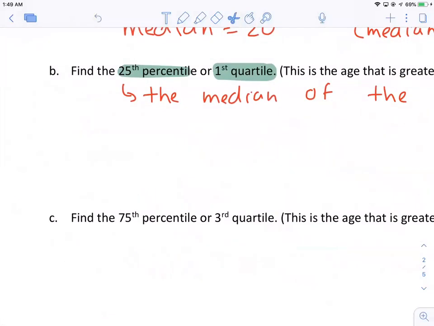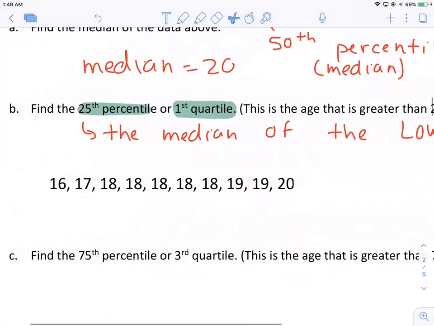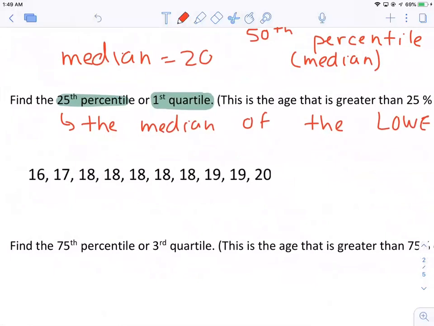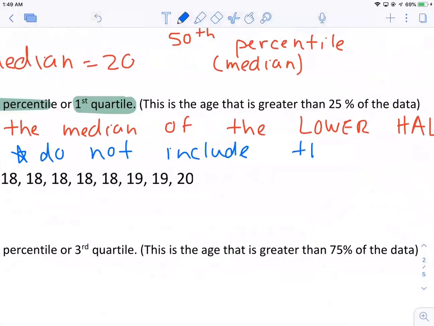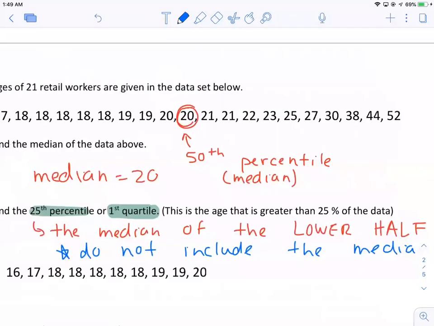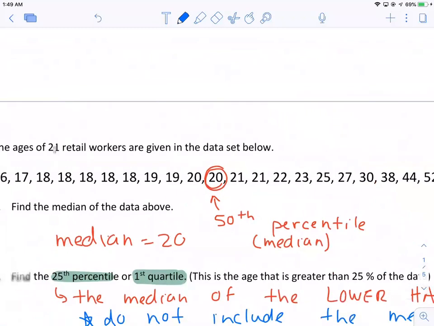By the way, when you do this first quartile, you do not include the median. You'll notice when I copied and pasted, I did not include this 20. We don't include that as part of the lower half.